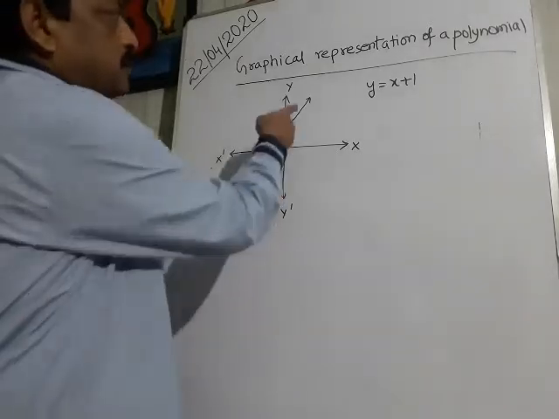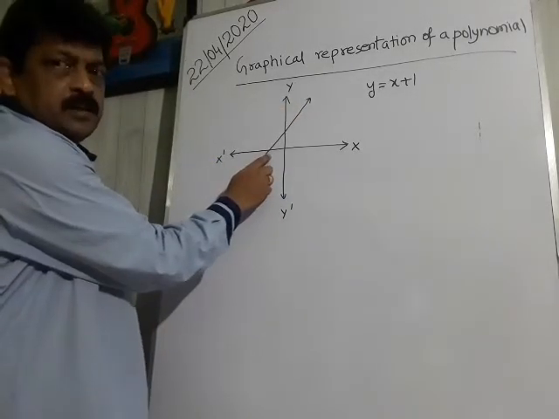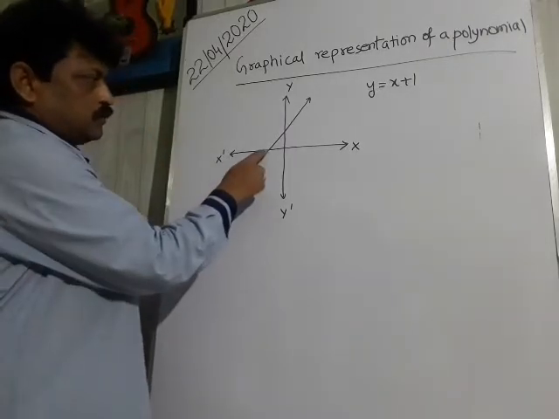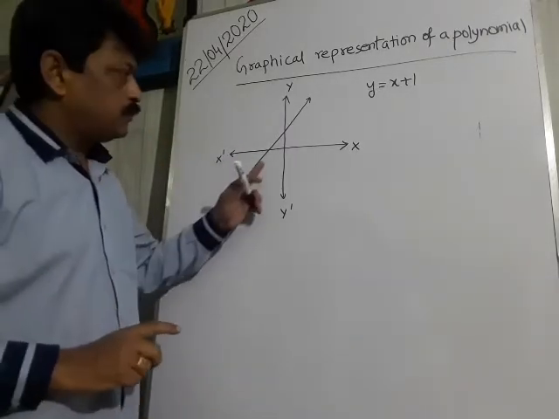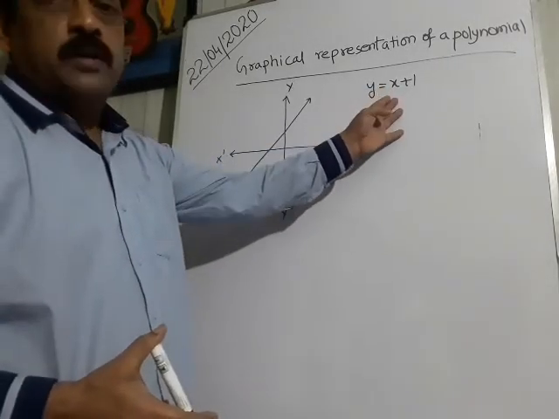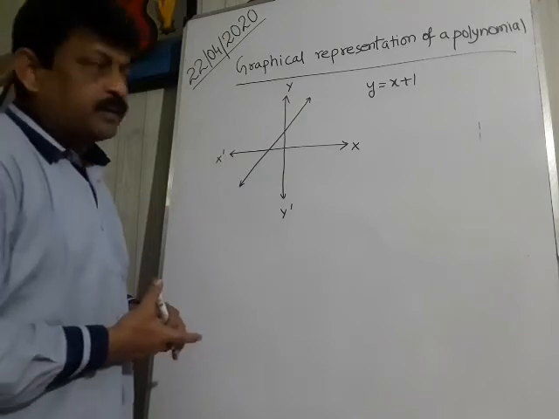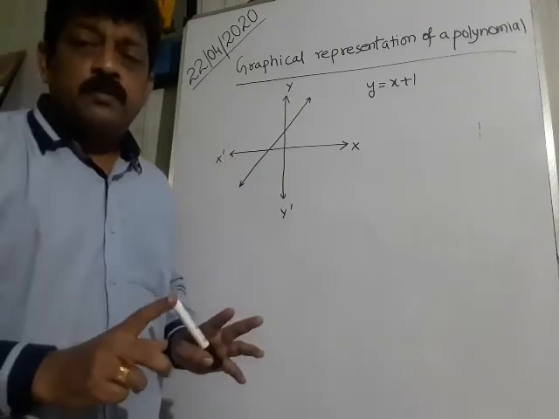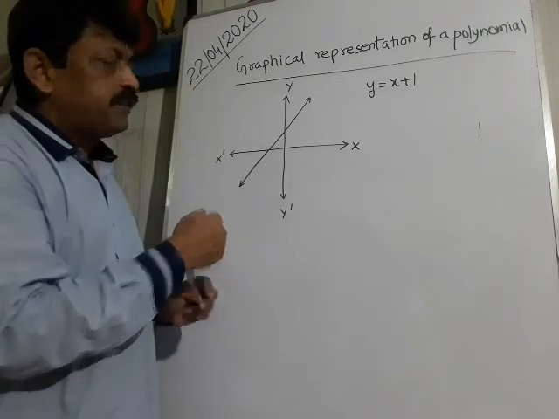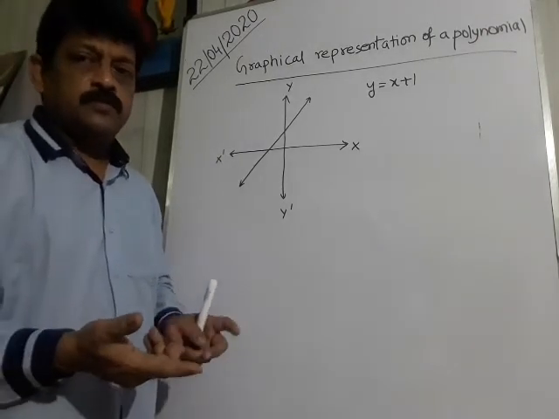Note that this linear graph is intersecting the x-axis at only one place, so this polynomial has 1 zero. Without going for algebraic solution, we can simply plot the polynomial in a graph, and the number of times the graph line intersects the x-axis will give us the number of zeros.